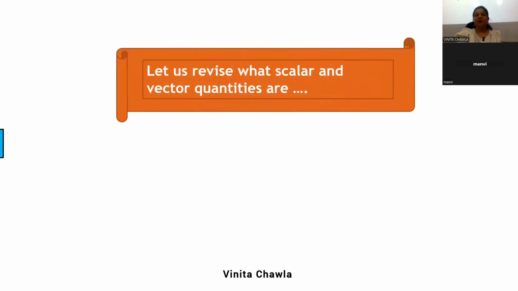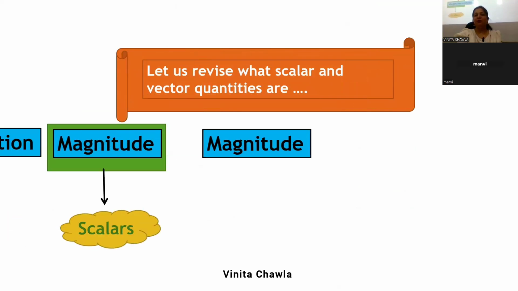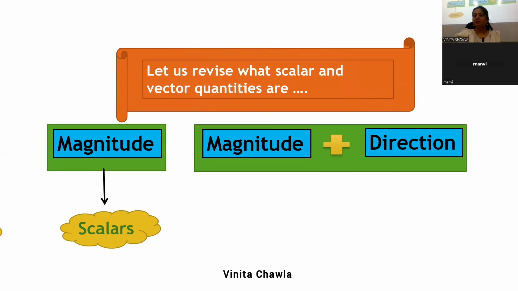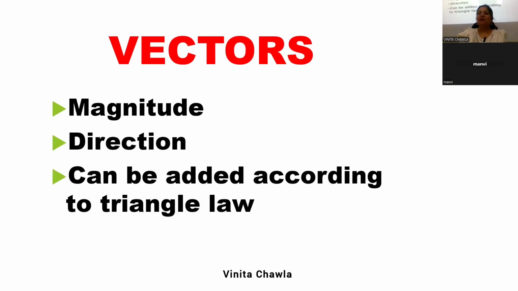So let's revise what scalar and vector quantities are. In scalar quantities, we consider only magnitude, while in vector quantities, both the magnitude and direction are considered. Okay, please write this. Vectors have magnitude, vectors have direction. Vectors are those which can be added according to the triangle law of vector addition. Let's take one example of electric current.